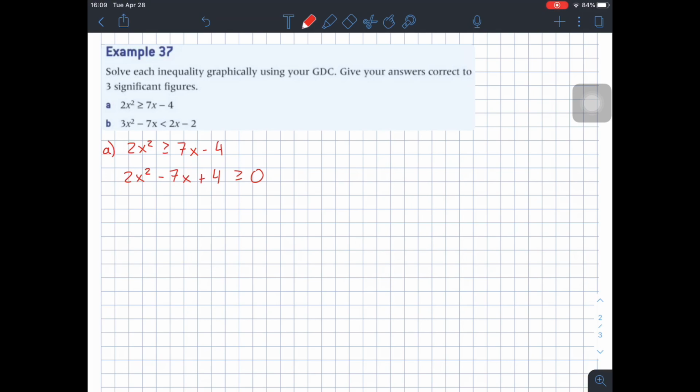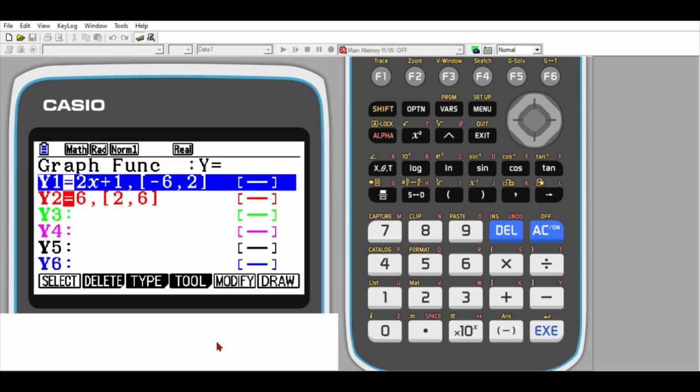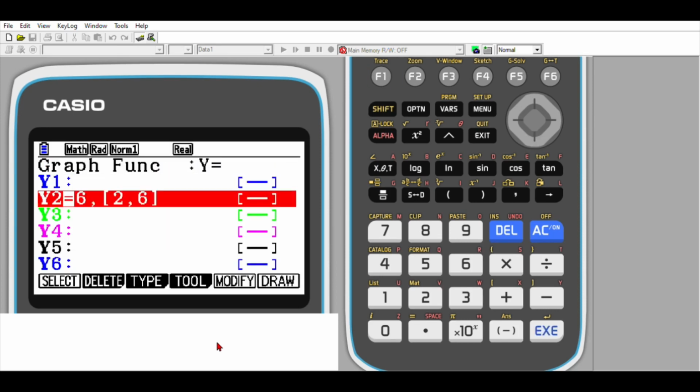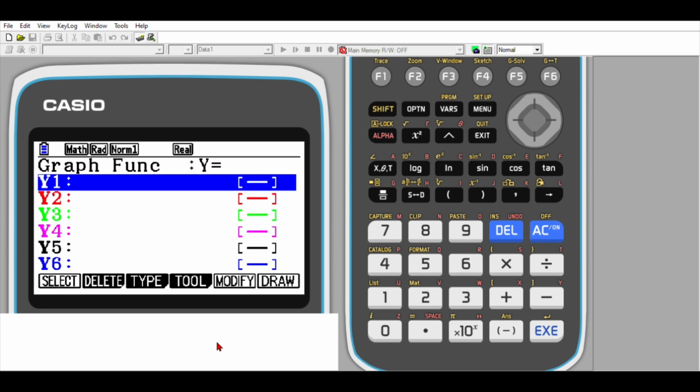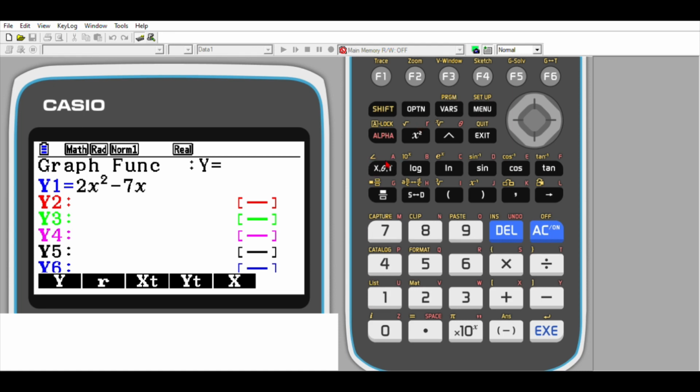So now, if you see the calculator here, we're going to go to menu graph, menu 5, and let me erase this. And I'm going to plot the function, the equation, which is 2x squared minus 7x plus 4.